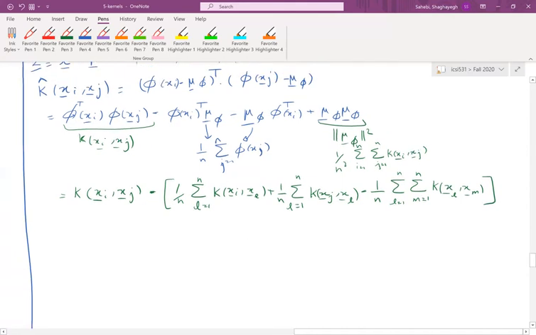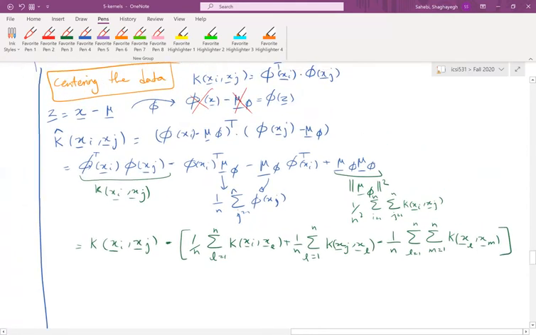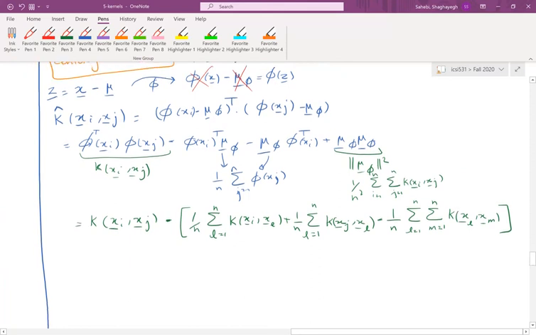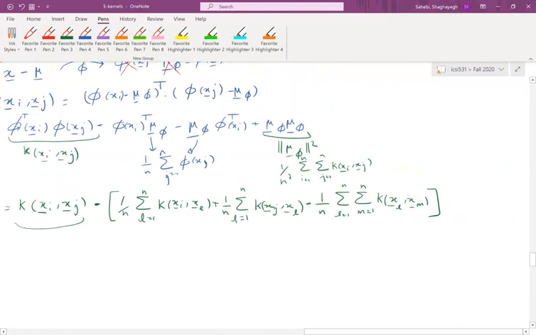Okay, so although we cannot calculate each of the centered data points, we can calculate the kernel between the centered data points, or in other words, we can calculate the centered kernel. So it will be equal to the original kernel entry minus these things that you can see here.